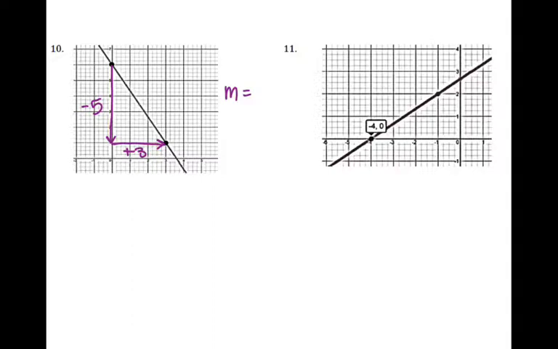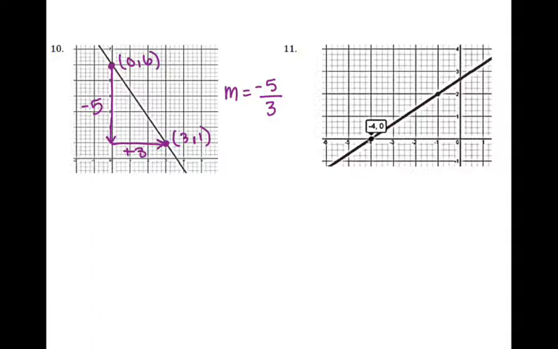So I have my rise, which is -5, over my run, which is +3. Now these 2 points, that ordered pair is 0, 6, and this point right here is 3, 1.